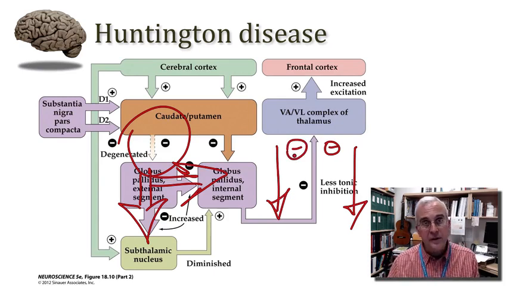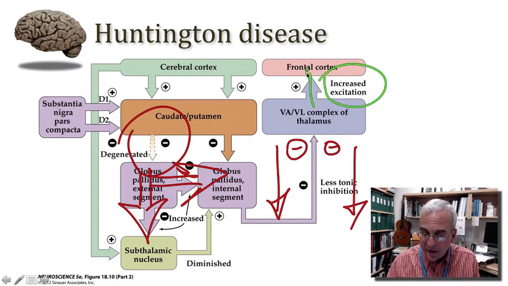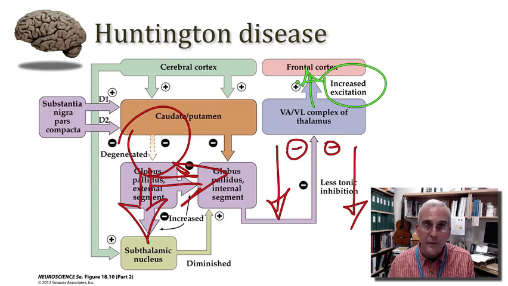With insufficient inhibition of the motor thalamus, now we have increased excitation of this connection from the motor thalamus to the motor cortex. That's where the unwanted movements are coming from: the insufficient suppression of the motor thalamus.